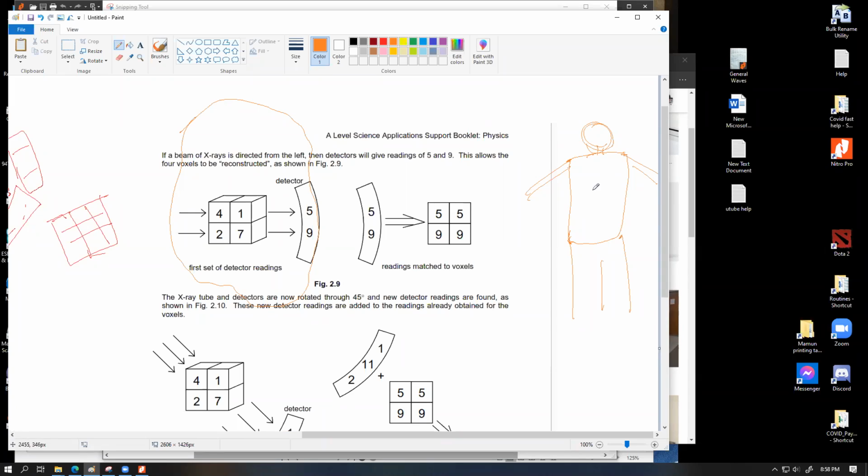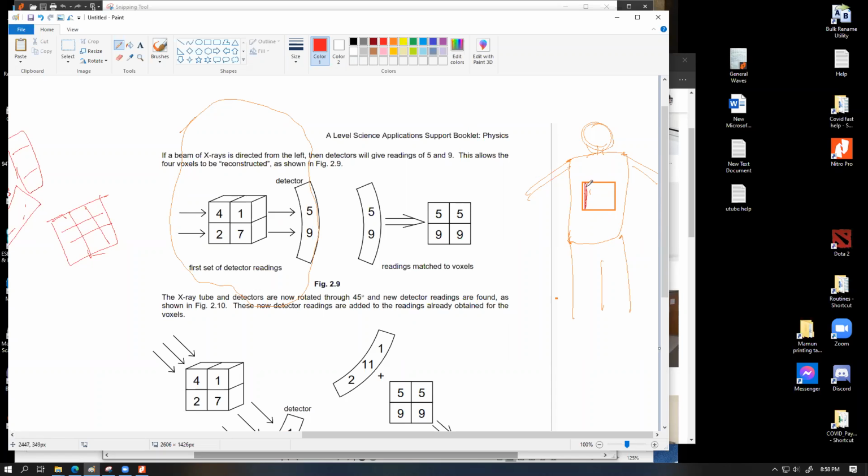If we want to scan this section of this person, let's say a rectangle thickness. So if we want to scan this much part of the human being, this process that we have seen over here essentially gives you the voxel values along one line. Which means if I do this scan for this patient's body, we're going to be able to get one line of voxel values, all the voxel values along this line.